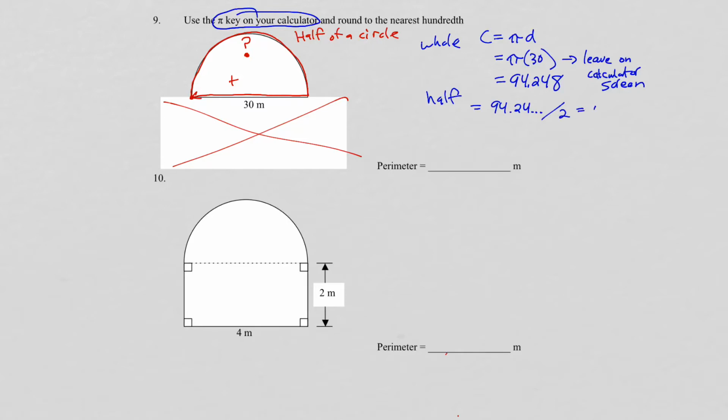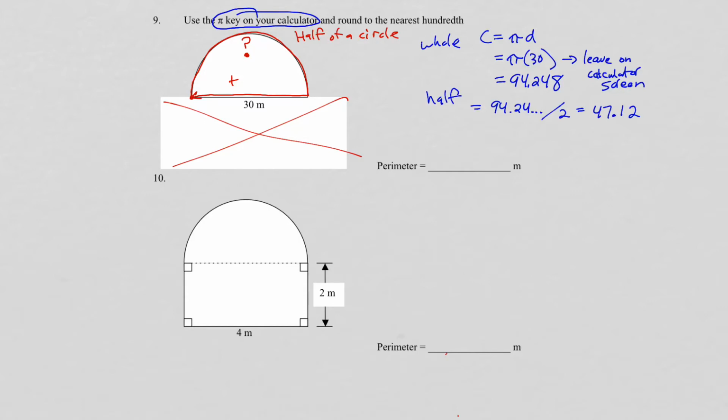And that's going to give us 47.12. If you round it too early, you're going to get 47.13, which is going to be incorrect. All right, so we have the half circle.